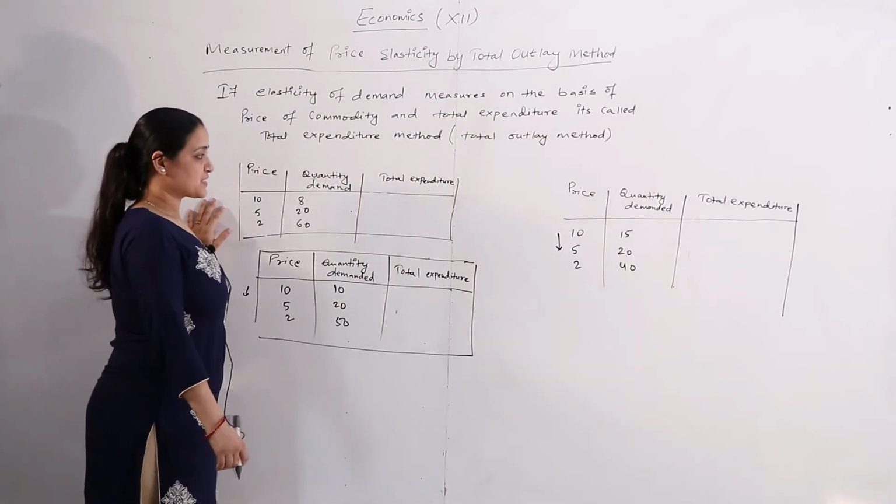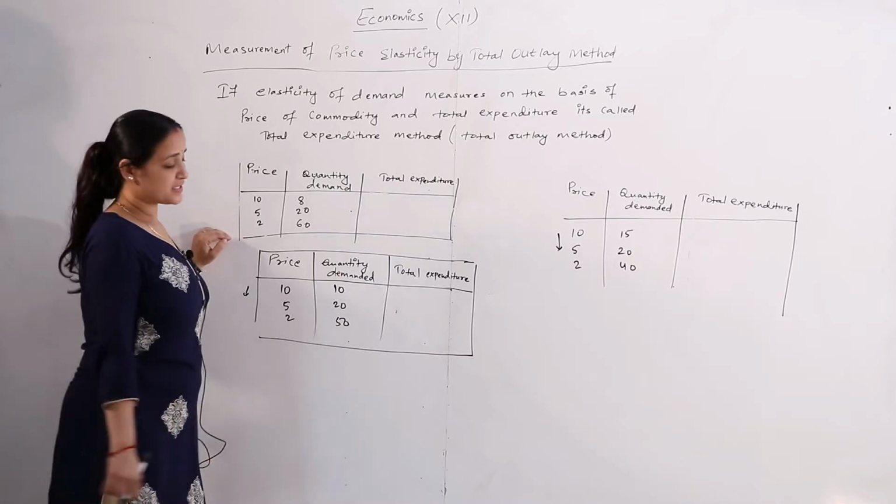We can find the total expenditure when we multiply the price and quantity demanded.